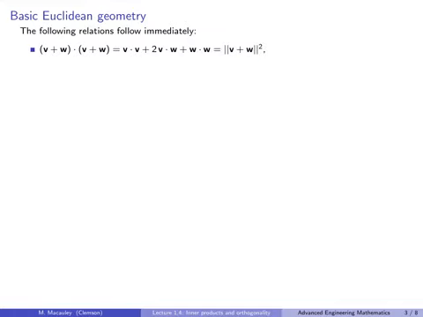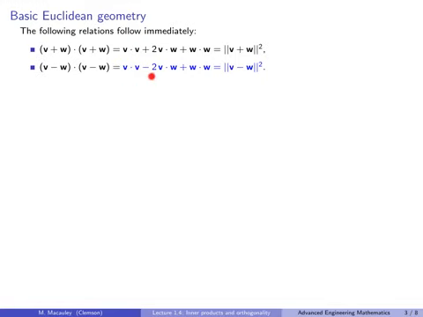So this is all basic. Nothing here should be new. But now, let's take v minus w and take the dot product of that with itself. And how is that going to change? It's going to be the same thing as above, except this plus is going to be a minus. So we have v dot v minus 2 v dot w plus w dot w, and this left-hand side we know is equal to the square of the norm of v minus w.